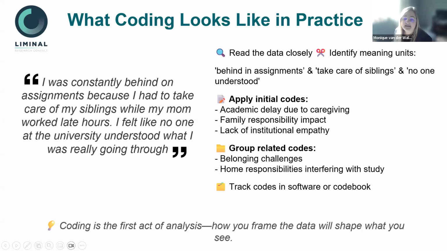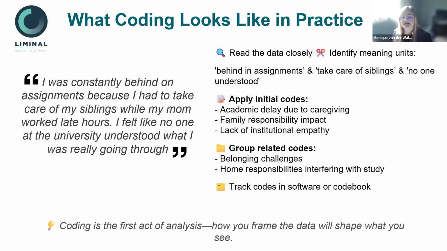We could have had categories or themes related to home responsibilities interfering with the study. And this could have been the academic delay. It could have been related to the interactions with what is happening at home and how these things at home could have interfered with the process of achieving your goals.